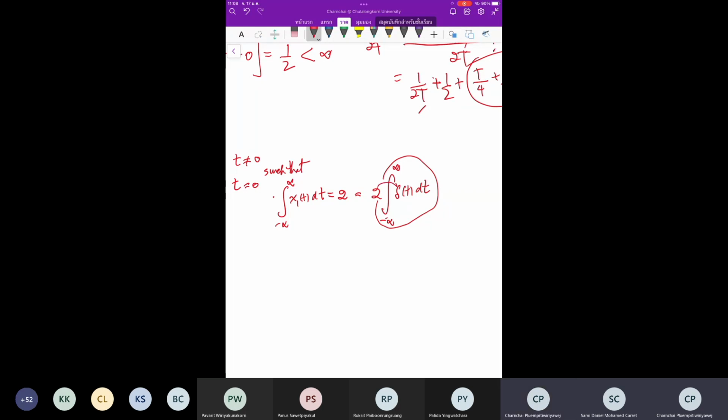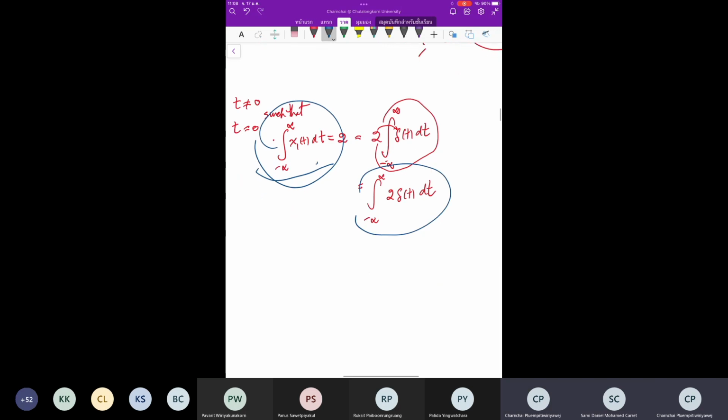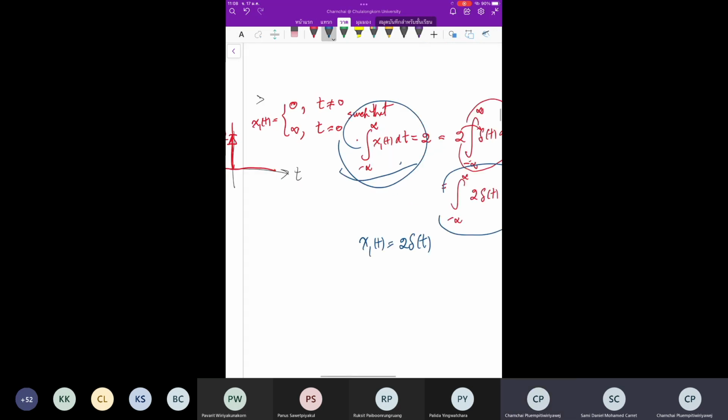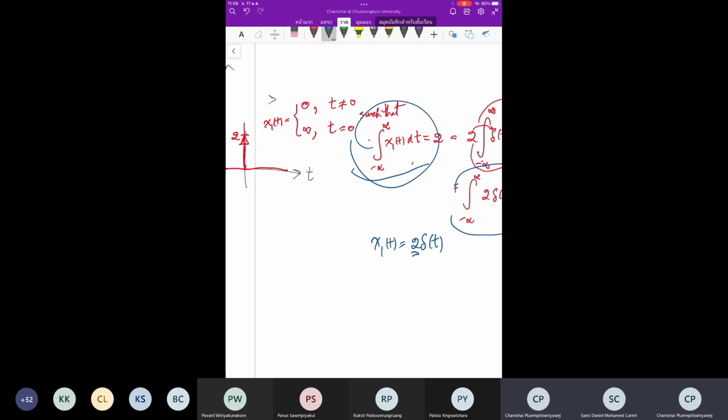And I can put the 2 in, so I get the integral from negative infinity to infinity of 2 delta t dt. If I compare this expression with this expression, I will say that x1(t) is just 2 delta t. So the 2 here represents the 2 that multiplies the delta function. You get that?